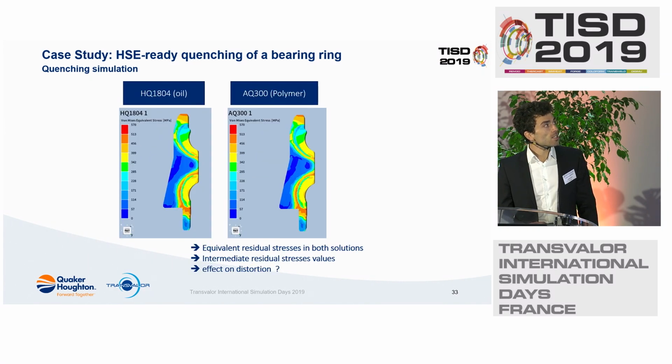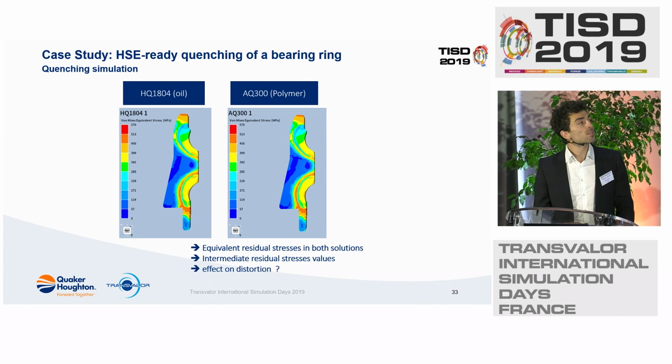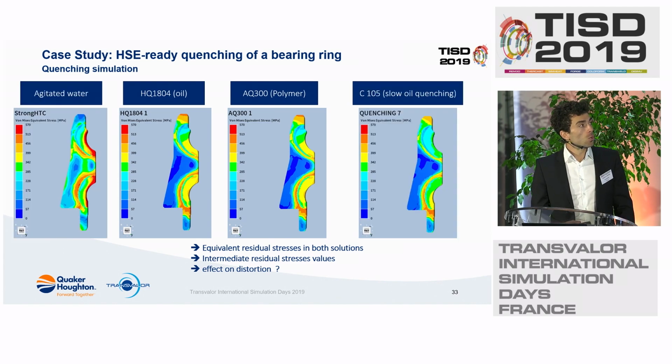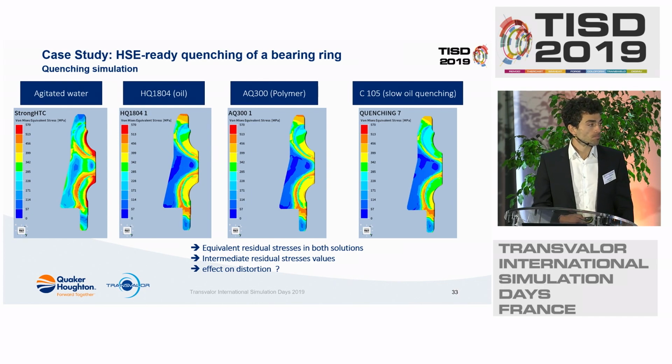So here we can see the residual stress maps, and we can see that for the initial oil solution and the polymer candidate, we have more or less the same results, which are intermediate in terms of residual stresses between the really drastic quenchant and the really slow quenchant.